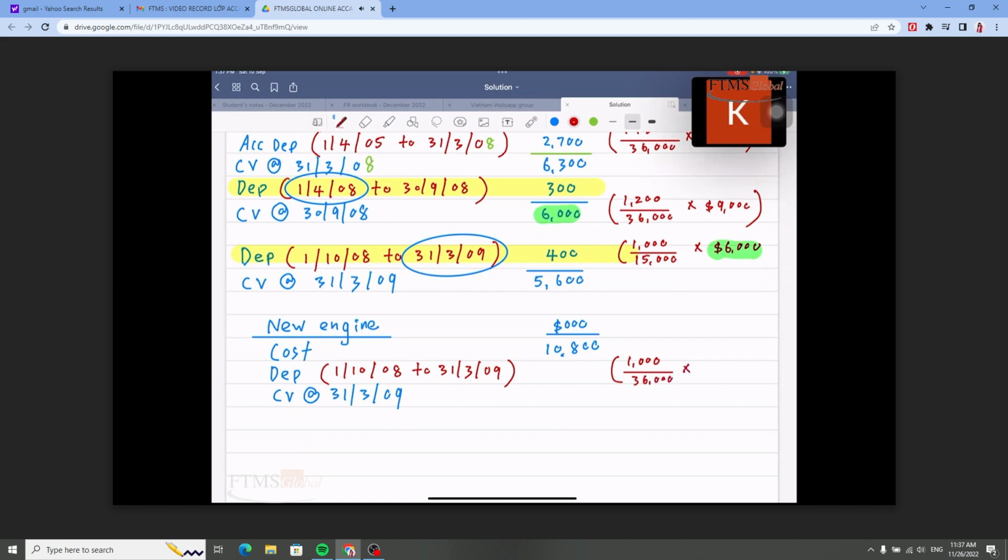Then multiply by 10,800. So you get about 300, and then that's it. 10,500.